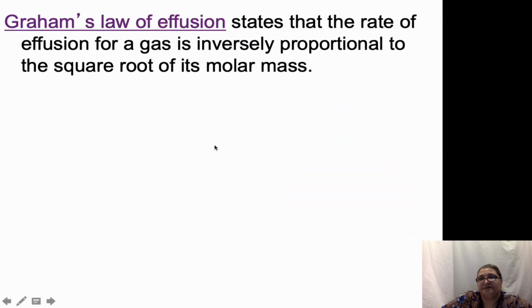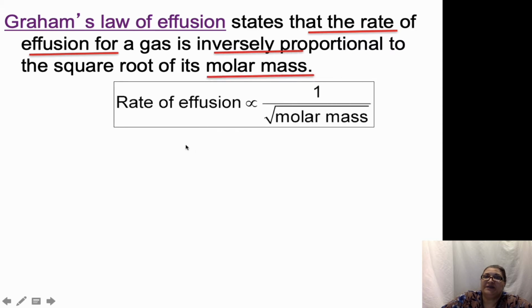Graham's law of effusion states that the rate of effusion for a gas is inversely proportional to the square root of its molar mass. So it's 1 over the square root of the molar mass.